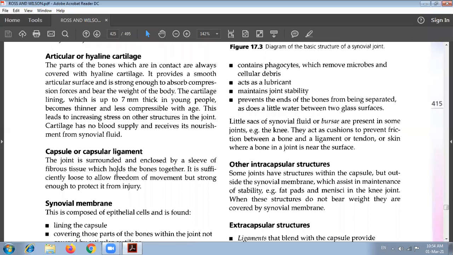So this fibrous tissue layer covers all the bones together and keeps the synovial cavity intact, away from damage. It is sufficiently loose to allow freedom of movement but strong enough to protect it from injury. So the capsule is sufficiently loose but strong in nature to protect the synovial cavity from injury.